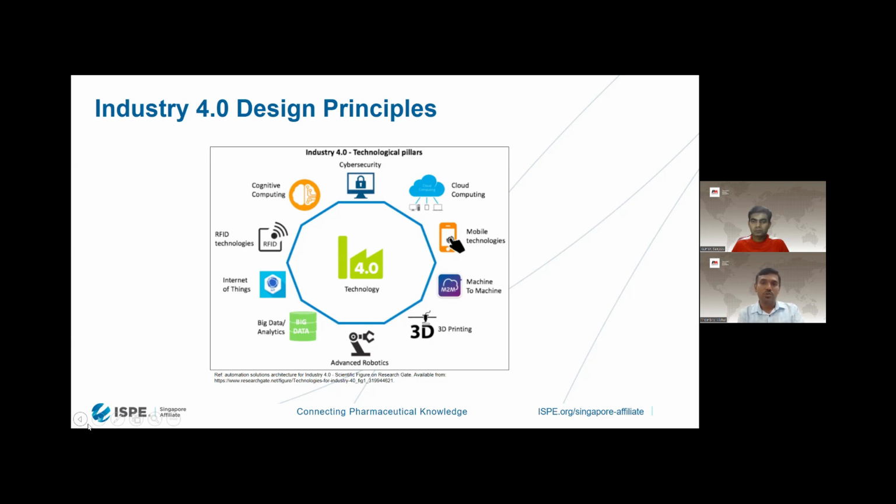So the handshake will be there, and there will be no delay when passing from, as we know, the industrial revolution happened from 1.0 to 4.0 now, where we have this platform available, which is standard protocols available, and then our life is also going to be easy. So one process stops at one end, another process will know, and then the next process will start. So this machine to machine interface was there.